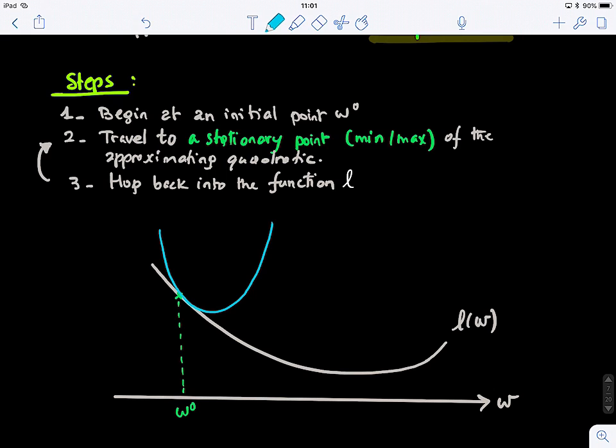If you remember, we compute the second order approximation of our target function L. This function locally approximates L of W around W0. Okay, so it's a local approximation.